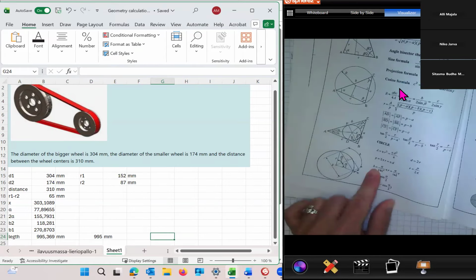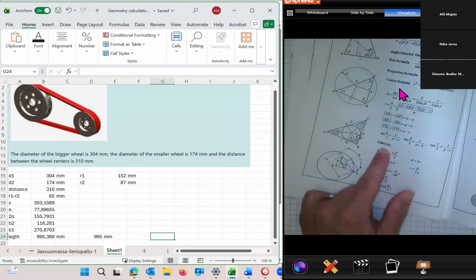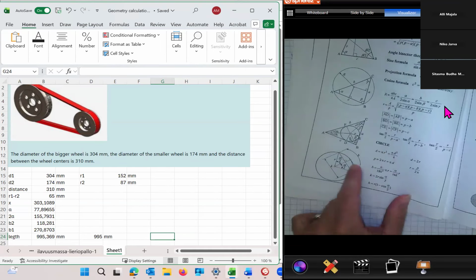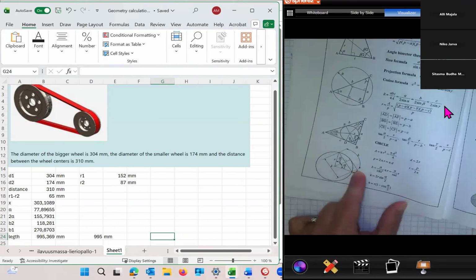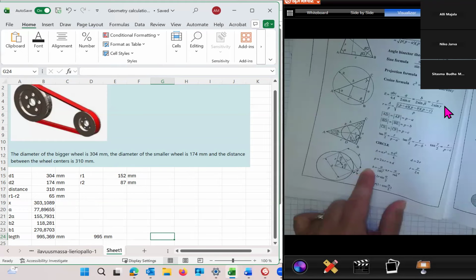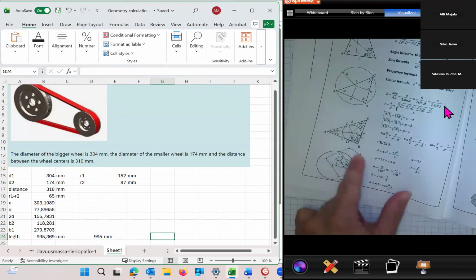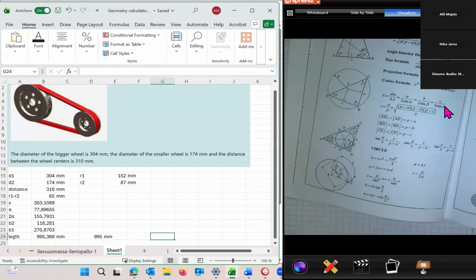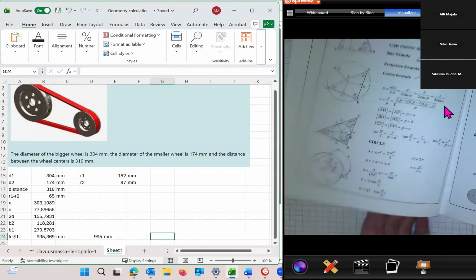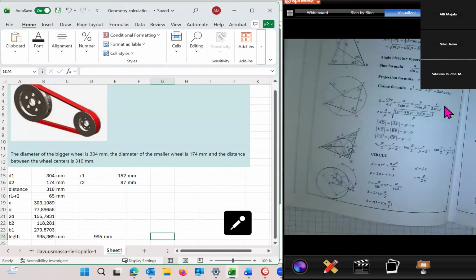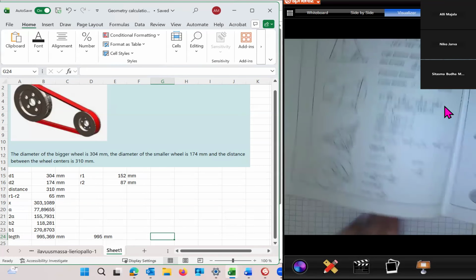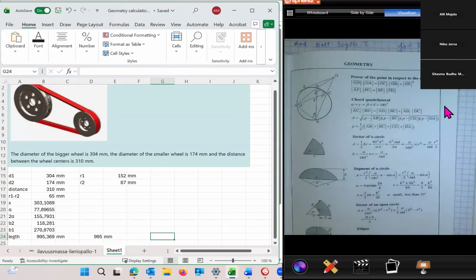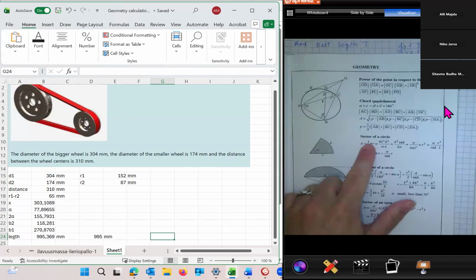It mentions that there's a circle and then it says B. It doesn't say sector, because that's the length of the edge of the sector. Oh, I looked at the next page. You can also find it from here, sector of a circle.